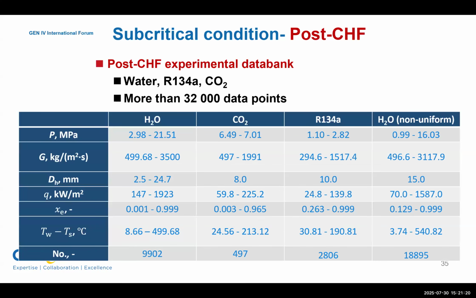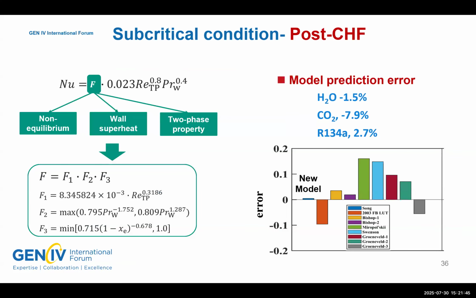after the boiling crisis occurs, the post-CHF heat transfer region will be encountered, where the heated wall can no longer be cooled by the continuous liquid phase. And also the post-CHF heat transfer data bank has been established, and we developed new models for post-CHF.